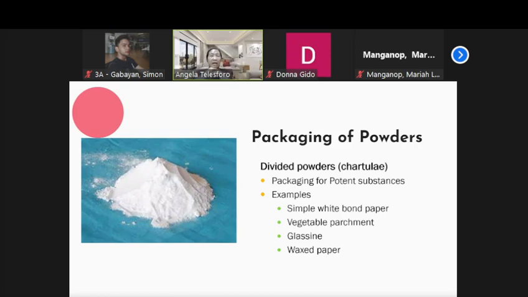Before, the practice of pharmacy started with the apothecary.